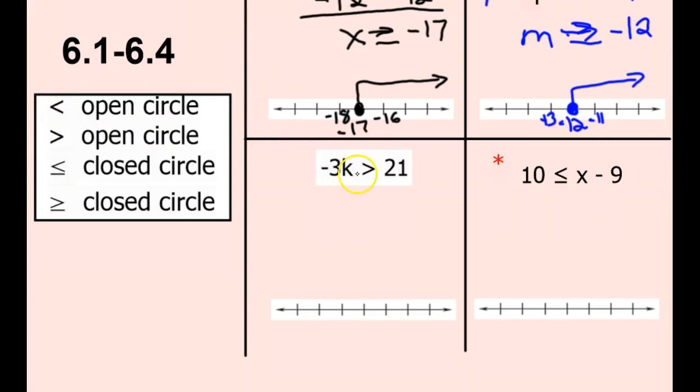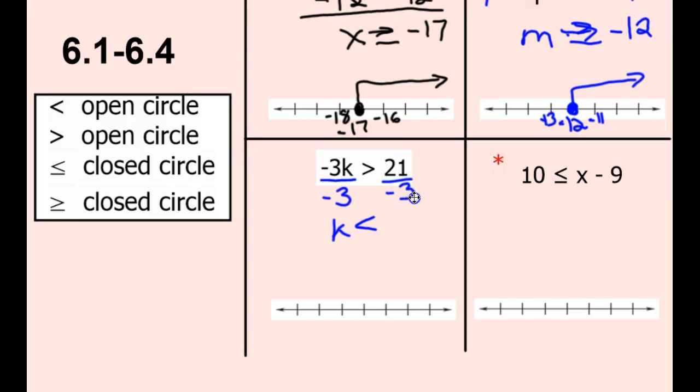For this problem, we have negative 3k is greater than 21. Opposite of multiplication is division, so we need to divide by negative 3. So what we are left with is k. Because we divided by a negative number, we need to flip our sign. Remember, when you're multiplying or dividing by a negative number, that you need to flip the sign.